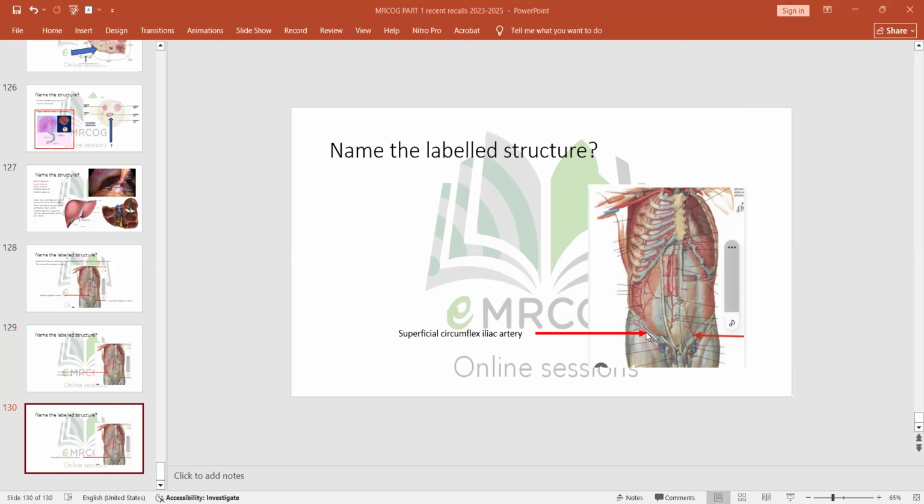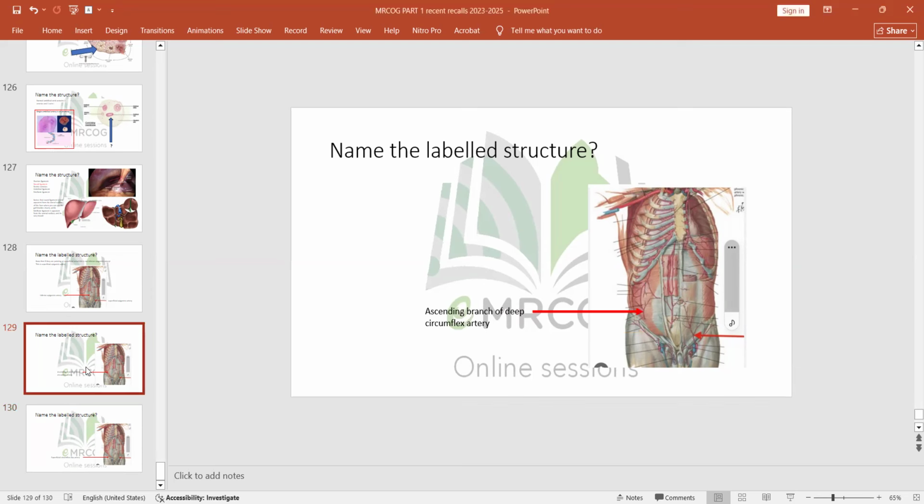This one here that runs parallel to the inguinal ligament, and it's a superficial one of course, is the superficial circumflex iliac artery. The one that ascends up comes from the deep circumflex iliac, and is called the ascending branch of deep circumflex. Deep circumflex is not apparent here, it's deep.